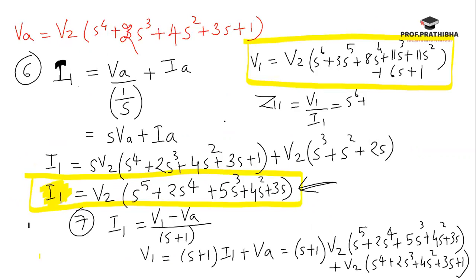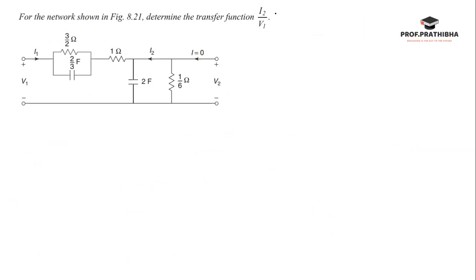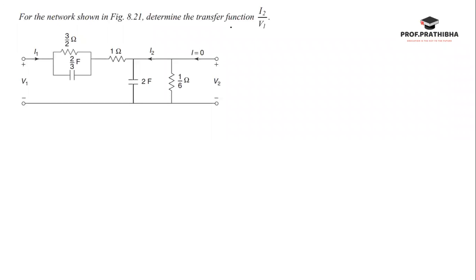Otherwise in the questions they will specify. जैसे यहाँ पे specified है ना कि I2 upon V1 बताओ. You know, so if it's a transfer function, we will obviously keep on saying कि कौन सा ट्रांसफर फंक्शन है, बिकॉज मैंने जो पहले केस में किया वो ट्रांसफर फंक्शन सिमिलर टर्म्स का था, और जो दूसरा टाइप ऑफ ट्रांसफर फंक्शन होता है वो I2 अपॉन V1 होता है, मतलब ये एडमिटेंस फंक्शन है.